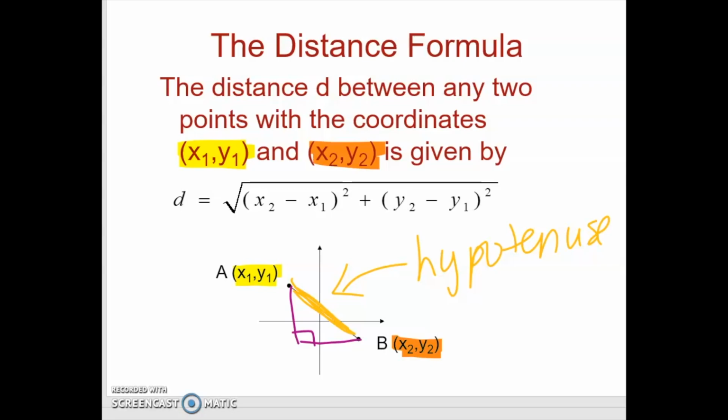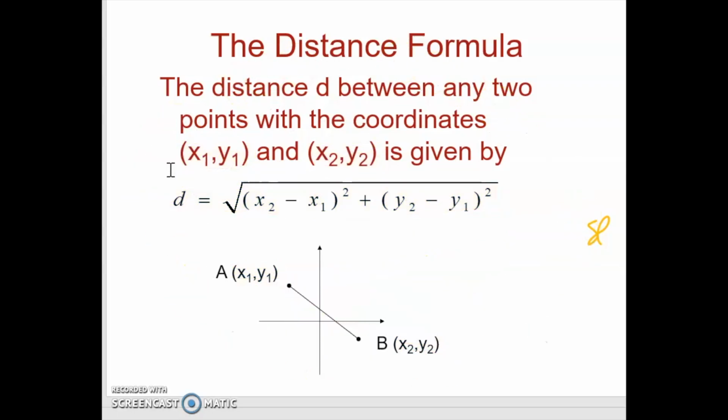But since all we know is the ordered pairs, we have this formula, and this formula was actually derived, that means we were able to get the formula, by rearranging the Pythagorean theorem using the coordinates. So we're going to give the formula to you, and we're just going to practice using it today. We're going to take a look at 2 points on a graph and figure out how far apart they are using the distance formula.